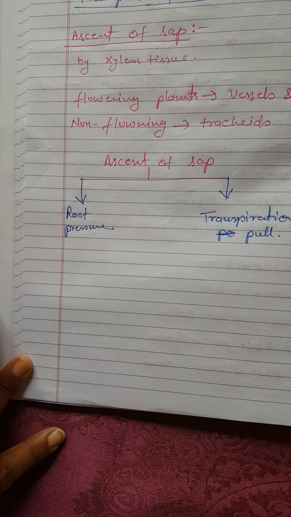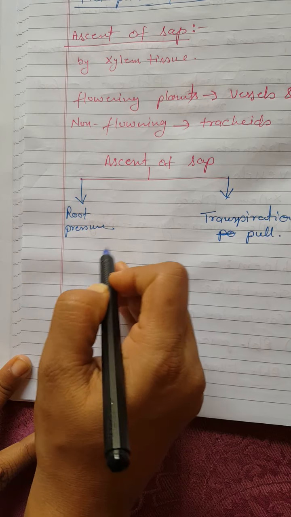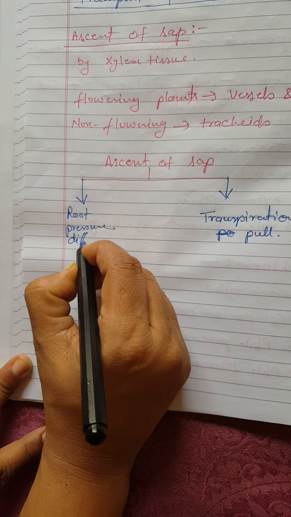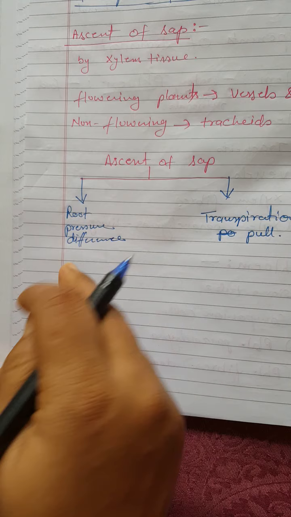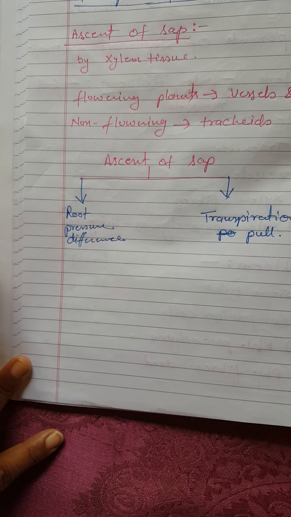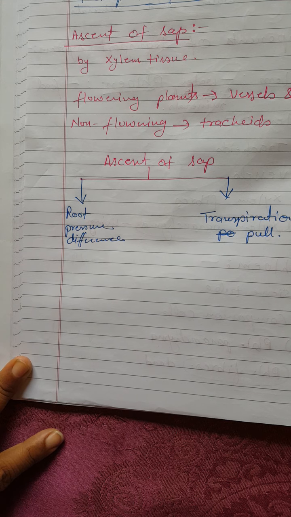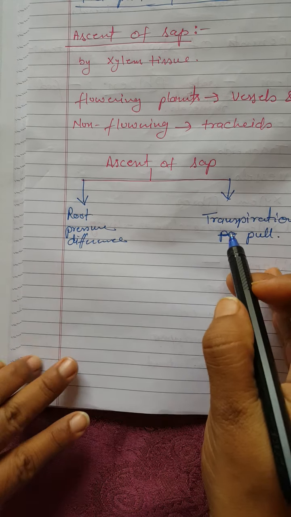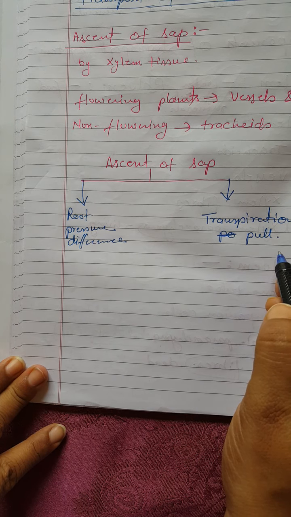This is known as root pressure difference. Because of root pressure difference, the minerals and water flow from soil to the root, but this pressure is not enough to move the water to the large height of the plants. So plants actually use another method which is known as transpirational pull.